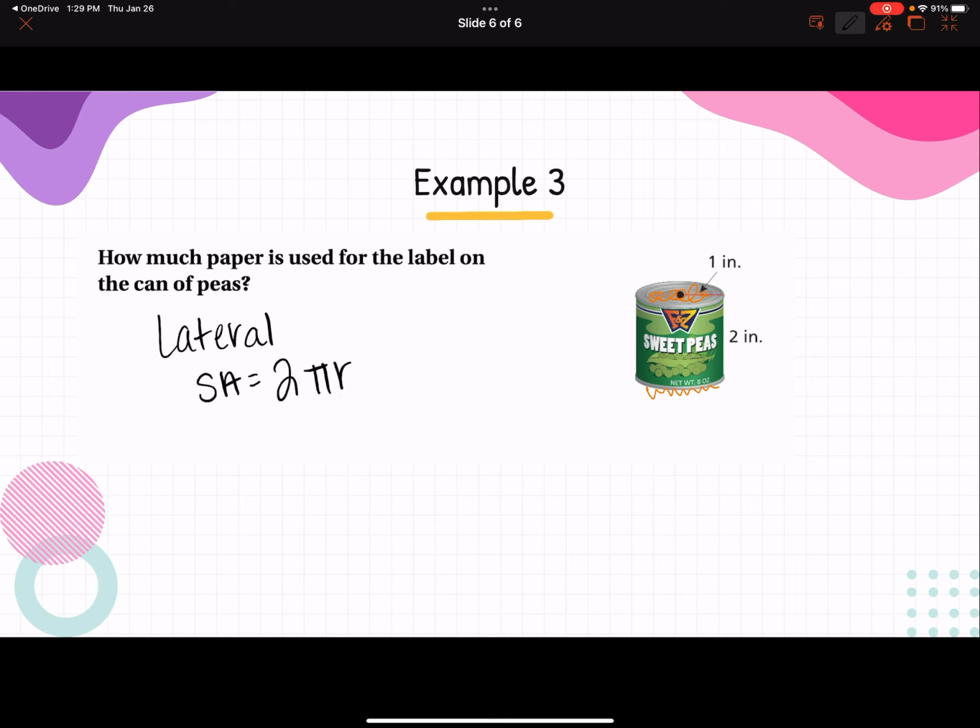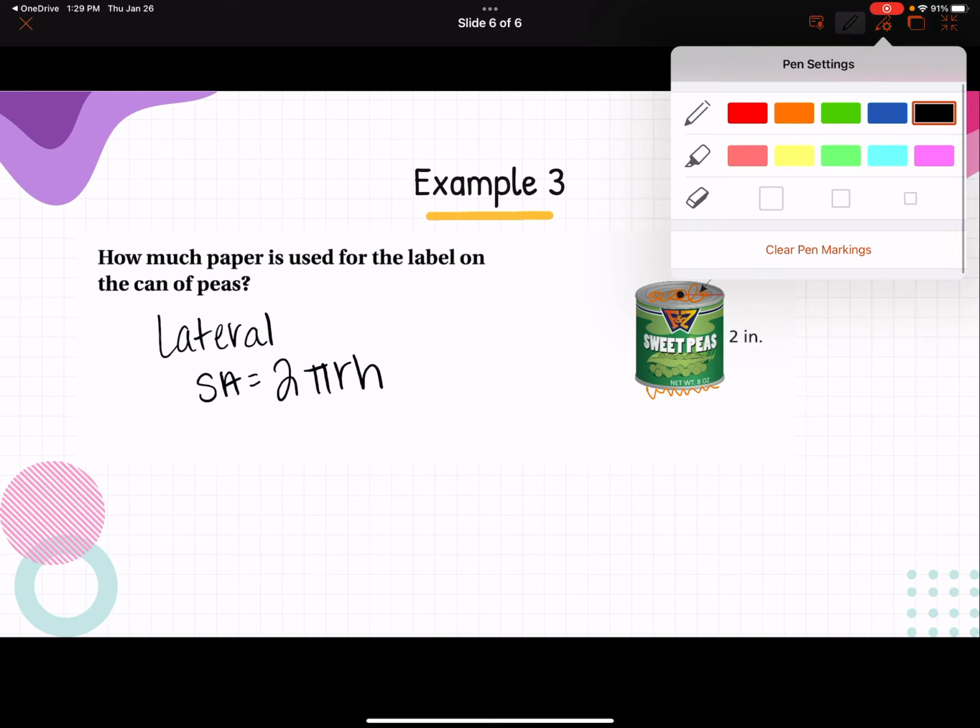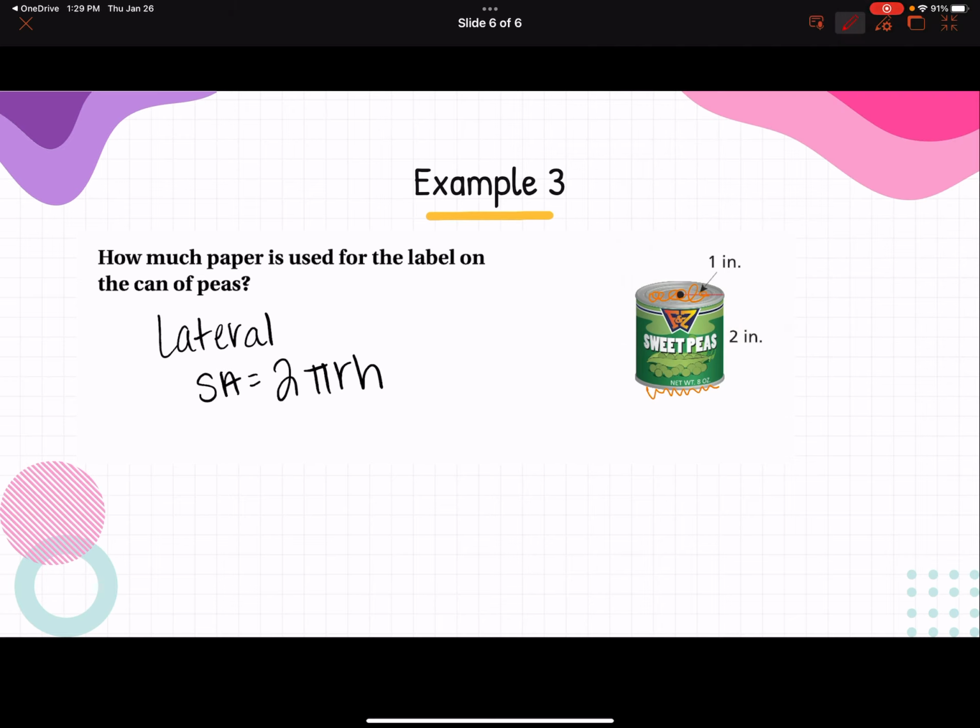So I just need 2 pi r h for the lateral surface area. Now putting these where they go, r is 1, because that's my radius here, and h is 2. So I'm just plugging in 2 times pi times 1 times 2.